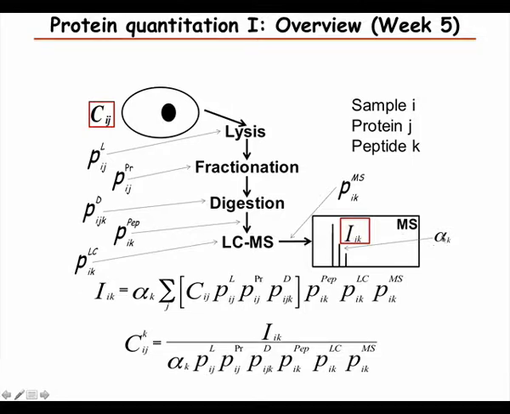We don't know most of these losses, but if we have a unique peptide that can only come from one protein, we can still say that the intensity of the peptide that we measure should be proportional to the concentration of the protein.